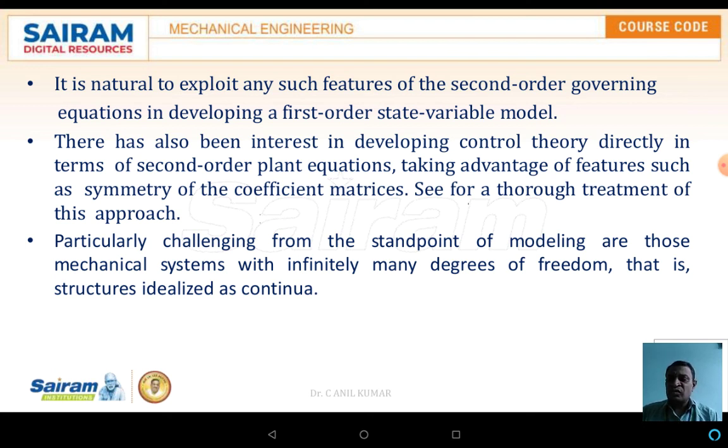There has also been interest in developing control theory directly in terms of the second order equations, taking advantage of the features of the symmetry. Particularly challenging from the standpoint of modeling are those mechanical systems with infinitely many degrees of freedom, that is, where the structure is idealized as a continuum.